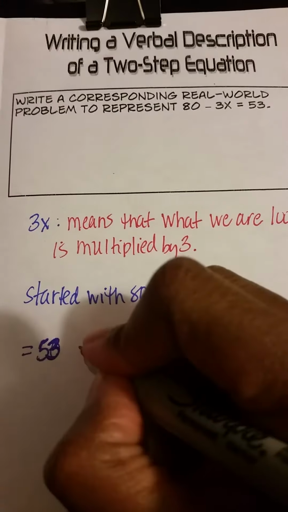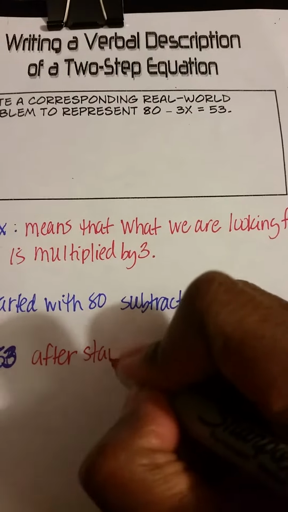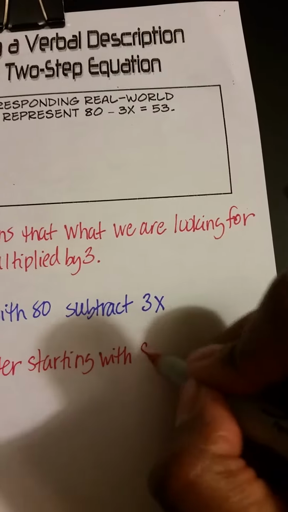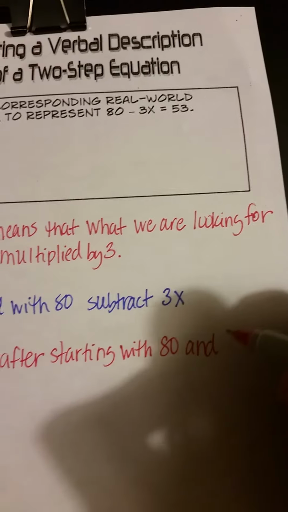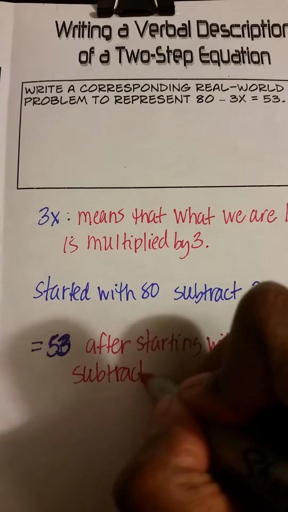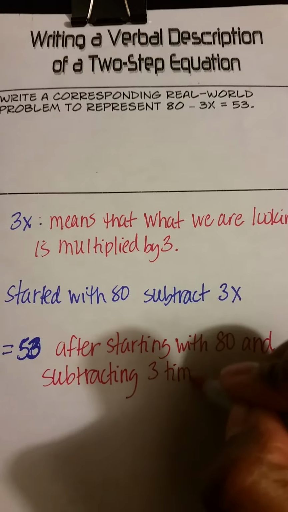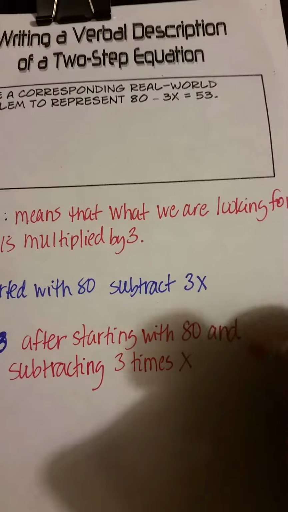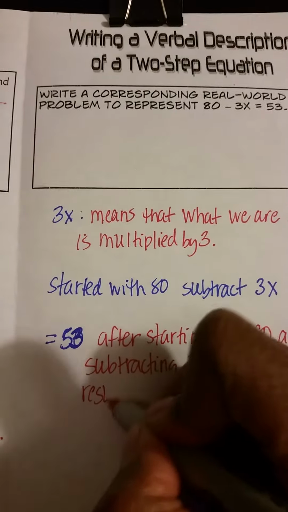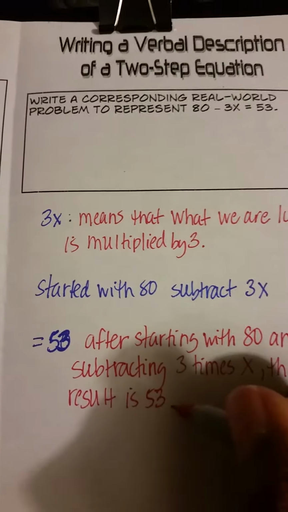Okay, so I'm going to write that down. I'm just going to write my thoughts down. So after starting with 80 and subtracting 3 times x, the end result gives me 53.